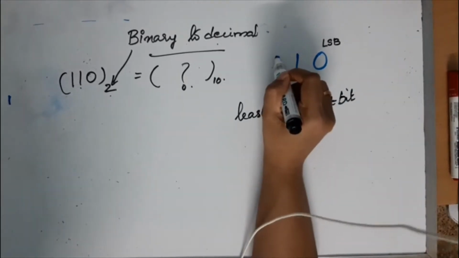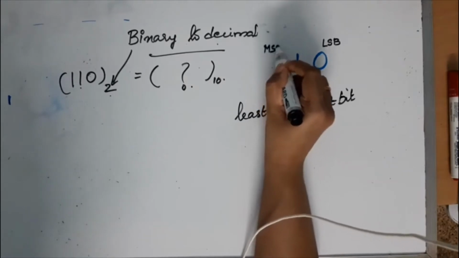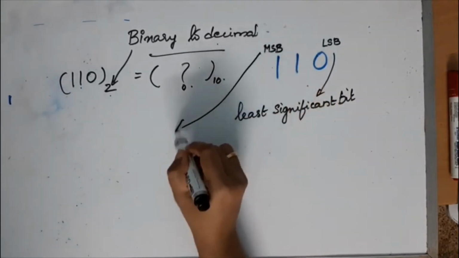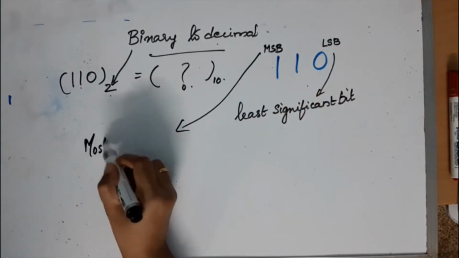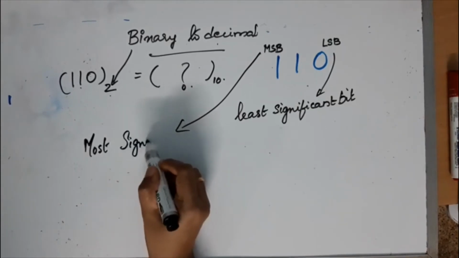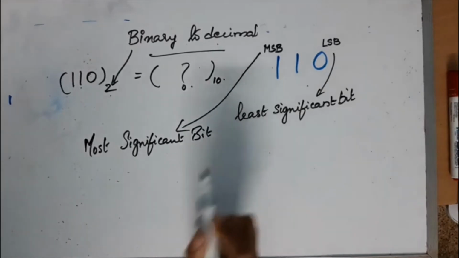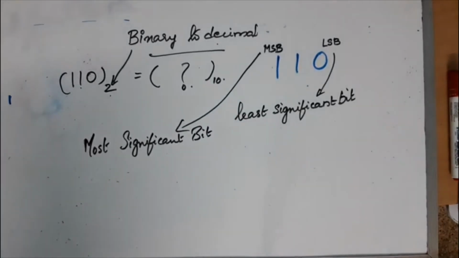And the leftmost bit is called the MSB, or the most significant bit. So what is the significance of an LSB or an MSB? An LSB has the lowest weight and an MSB has the highest weight.